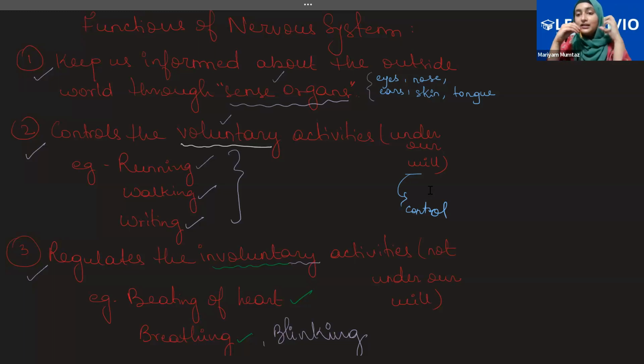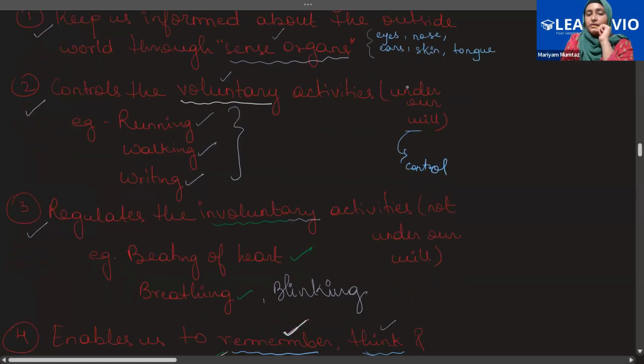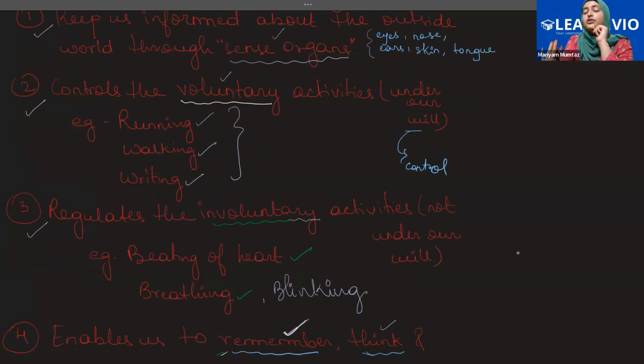Why? Because the nervous system is that important, isn't it? It controls all of our activities. It makes us who we are. So the voluntary activities are also controlled by the central nervous system. What are the voluntary activities? We have running, walking, writing. Anything that you can do on your own is voluntary.